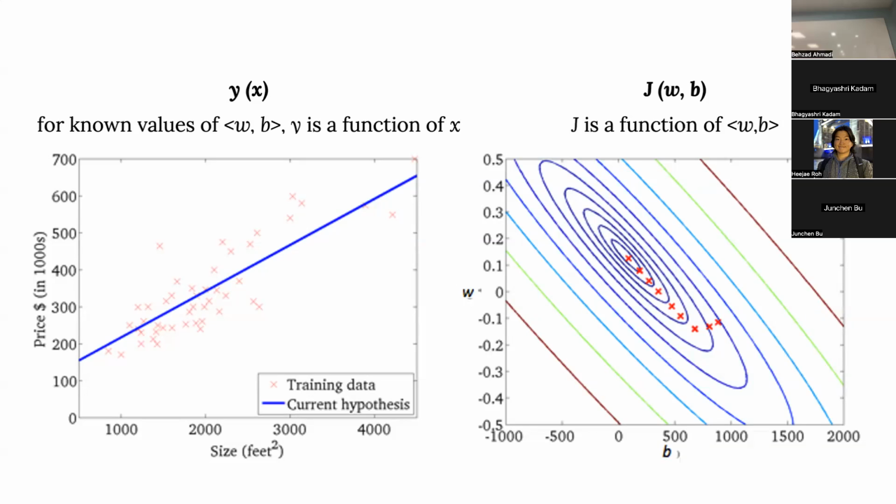You can still do the derivative that we talked about. You can take the derivative with respect to W and set it equal to 0, and take the derivative with respect to b and set it equal to 0. Then this gives you the optimal W and b.